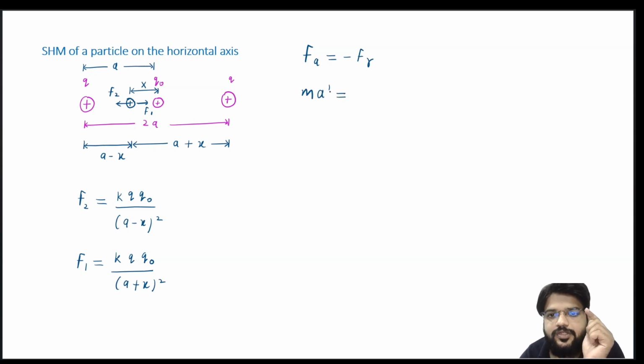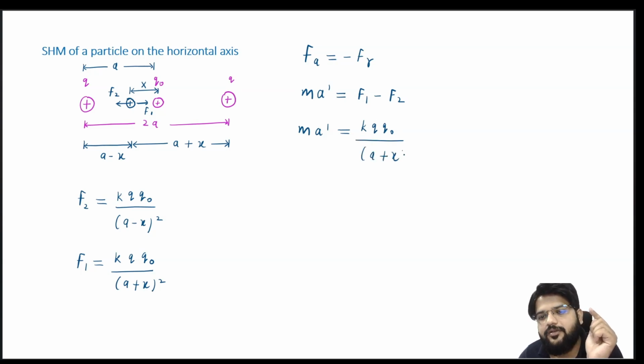And what is the restoring force? Restoring force can be written as F1 minus F2. So what is the value of F1? It is K Q Q naught divided by a plus x whole square minus K Q Q naught divided by a minus x whole square.